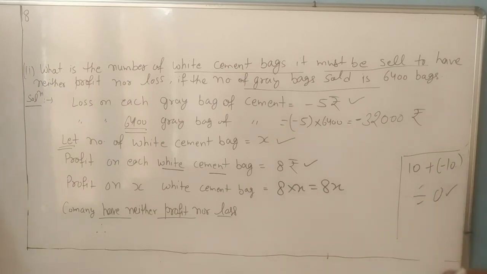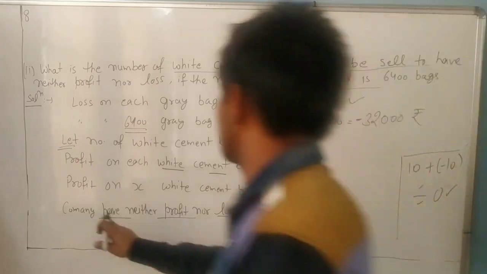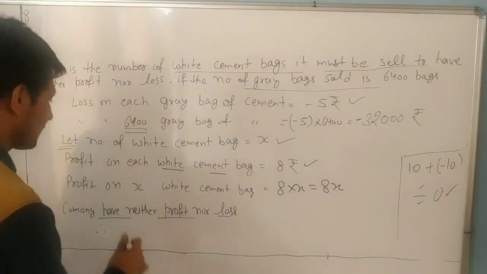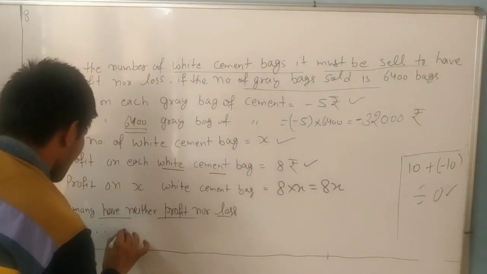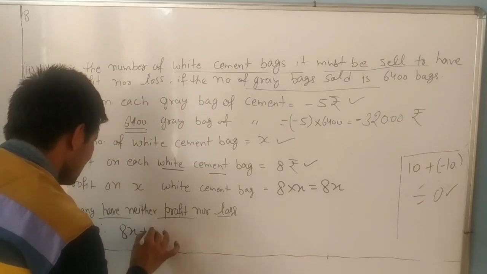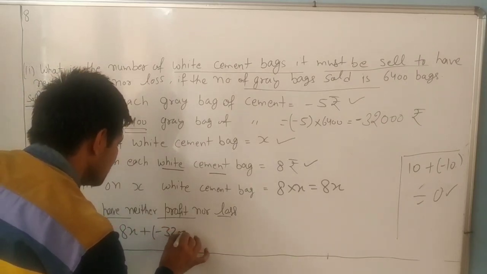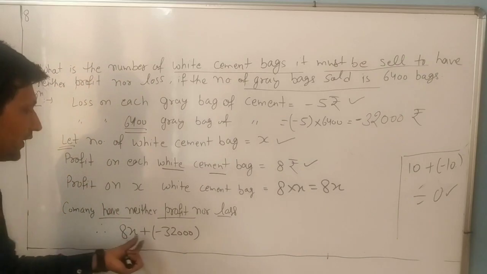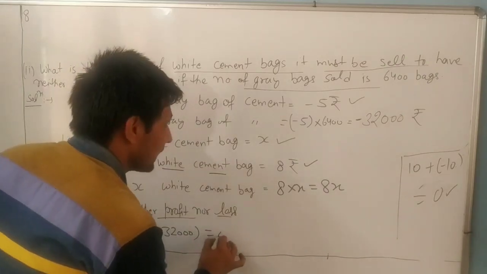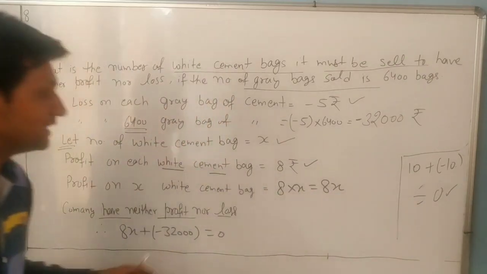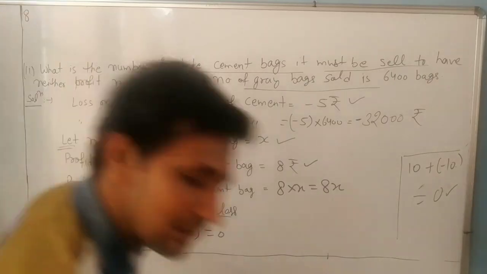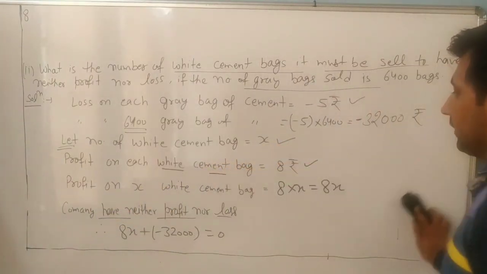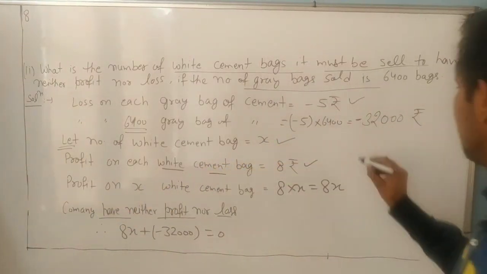So therefore, we will write 8x plus minus 32,000. It is profit, it is loss, and both become equal to 0, because the company has neither profit nor loss. Okay dear.